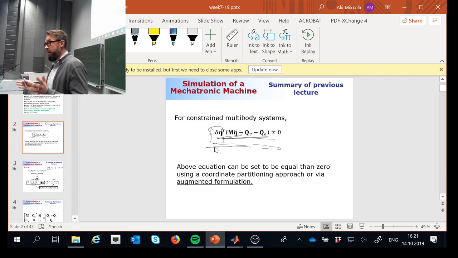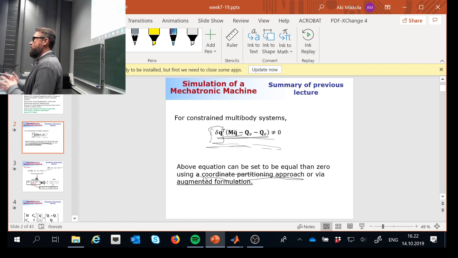There is an alternative way, which is simply substituting the constraint inside of the original equation of motion, and that's what we're going to learn right after the midterm exam. And by the way, that's when we're going to leave the whole multi-body system dynamics. So that will be the last thing to discuss. The method based on substitution will be called coordinate partitioning.